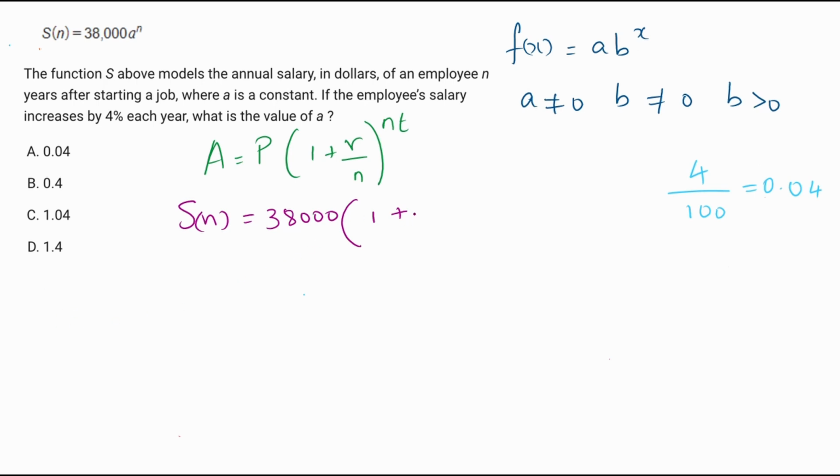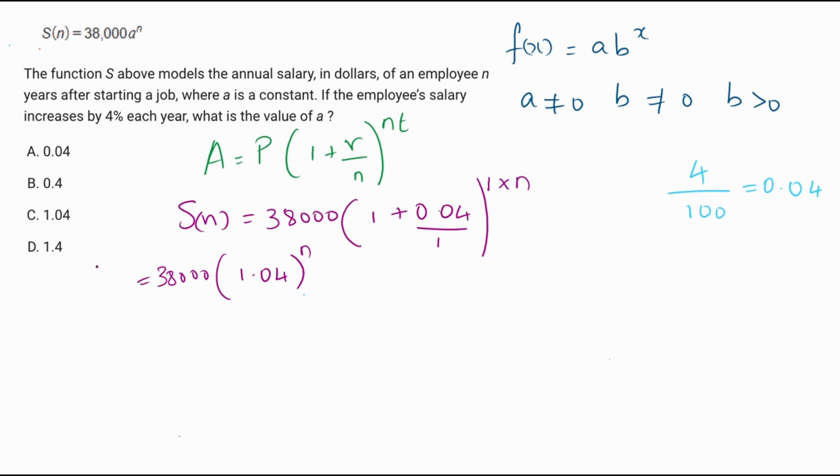Now substituting that value over here, 0.04. Now the increase is happening annually, so I'm dividing it by 1. And here 1 times the number of years is n, so I'm just going to write n. So this is equal to 38,000 times 1.04 to the power n.